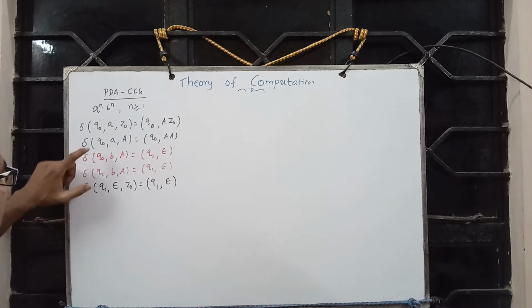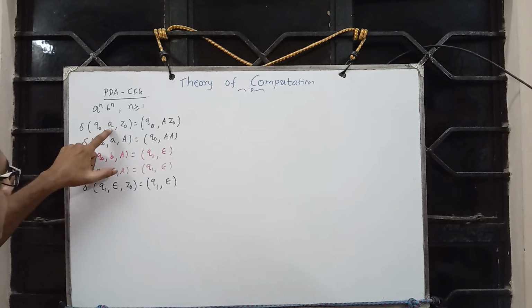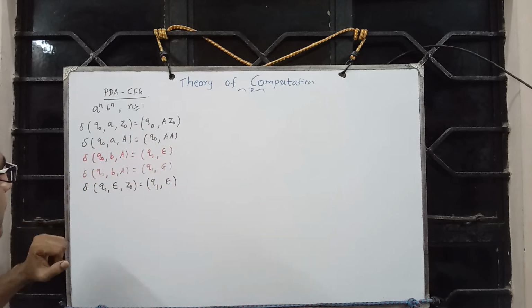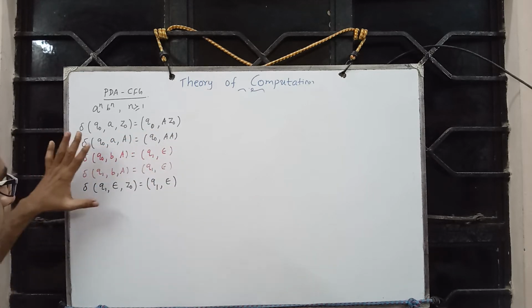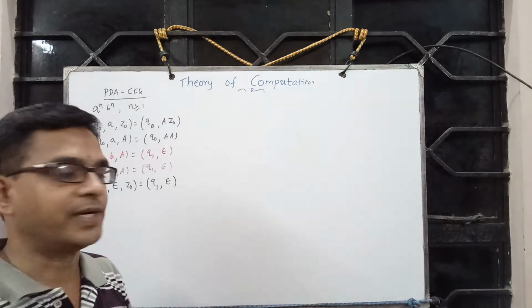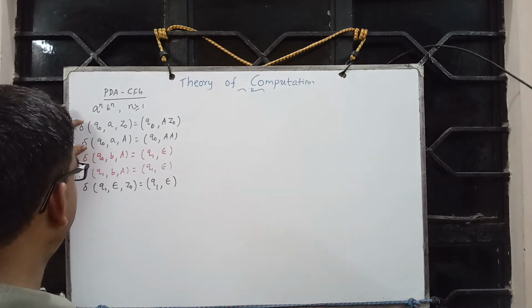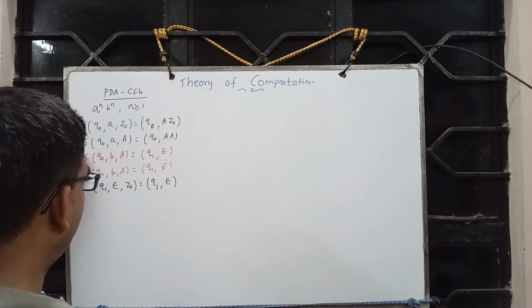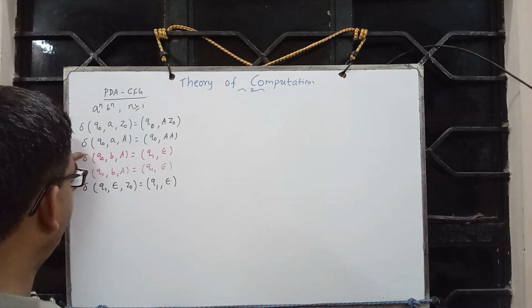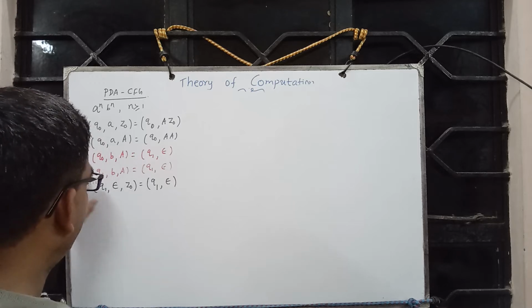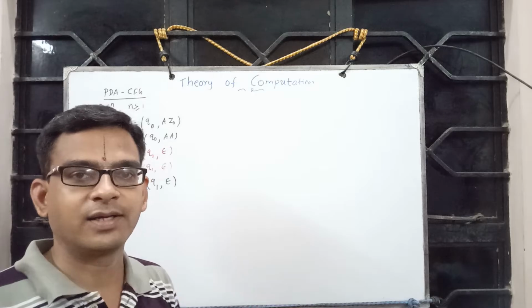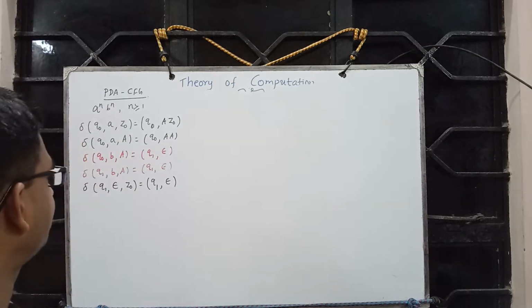And there are other transitions, for example q0 comma b comma Z0, we say reject. What we have written is only the valid part. Using this you can read a, using this you can read b and pop A, and with this you conclude it's a valid string and stop your procedure.